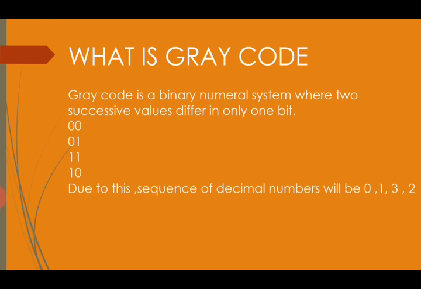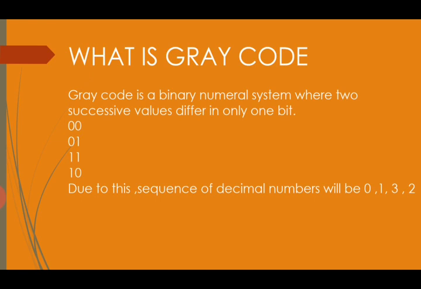Then we compare 0 1 and 1 1. We find that the last bit has maintained its state, that is 1, still 1, but the first bit has become 1 in the next combination, so it has changed its state. So one bit is changing its state. Then we talk about 1 1 and 1 0.